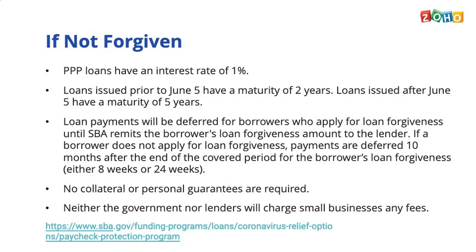So this may possibly mean that you can still apply for forgiveness, but definitely don't put yourself in that situation. I would say that's the worst case scenario, and somebody mentioned this in the Q&A, so thank you for pointing that out. So 10 months from the end of your covered period.